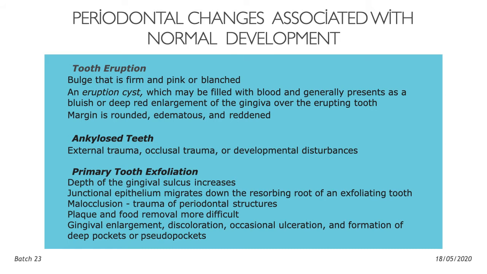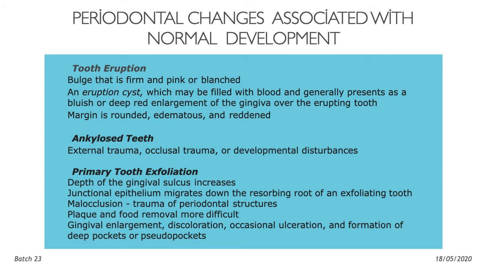Other possible changes you will see is ankylosis of teeth. The ankylosis is most commonly due to an external trauma during tooth extraction, or occlusal trauma, or due to some developmental disturbance. Exfoliation: when a primary tooth exfoliates, the depth of the gingival sulcus increases, and the junctional epithelium migrates downwards along the resorbing root with exfoliation of the tooth.